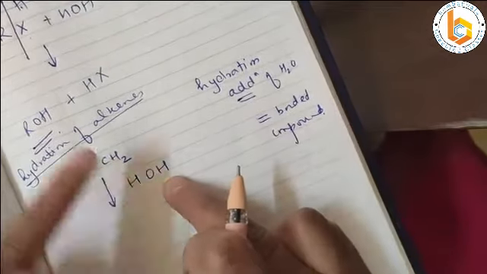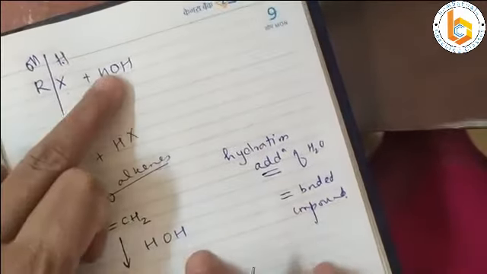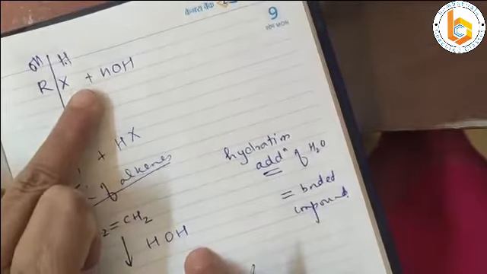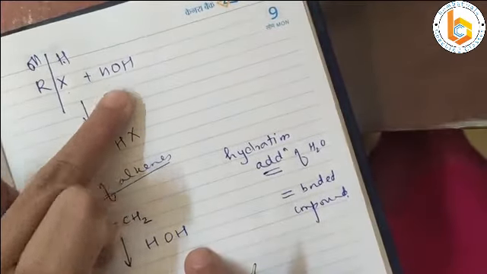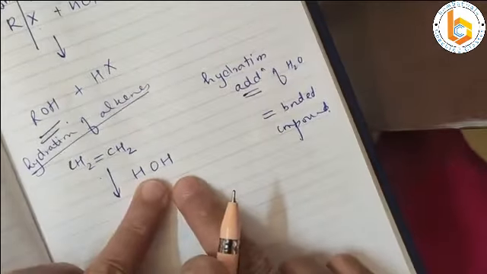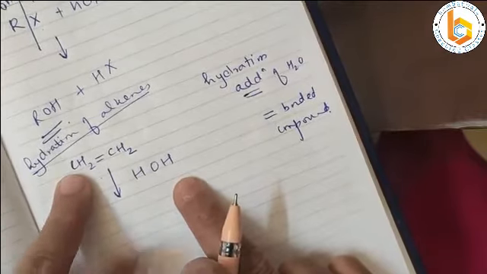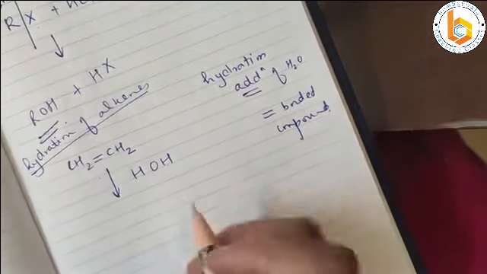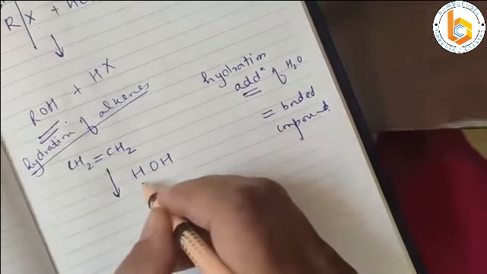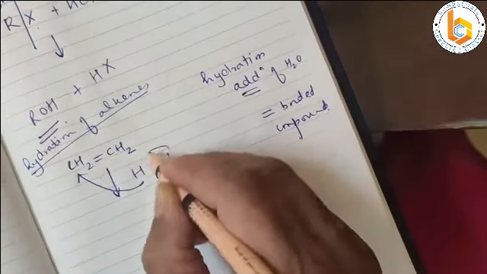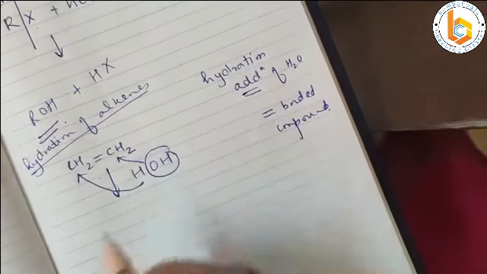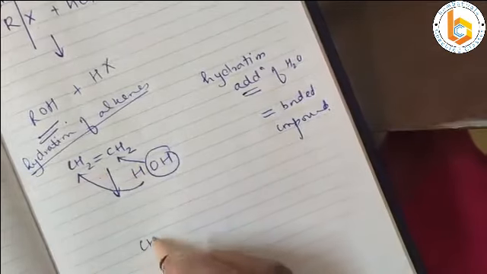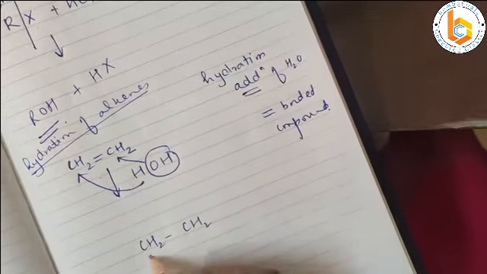See, this is different from hydrolysis. Hydrolysis is breaking down of compound in presence of water, whereas hydration is gain of HOH. Now see how this is going to happen. One part will go towards this carbon, the other part will go towards this carbon, and double bond will become single bond.